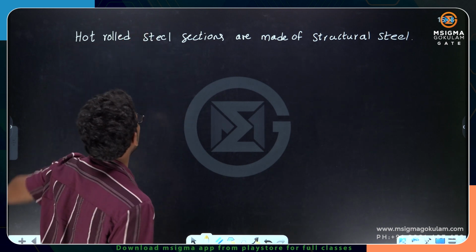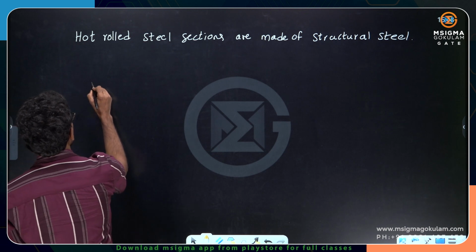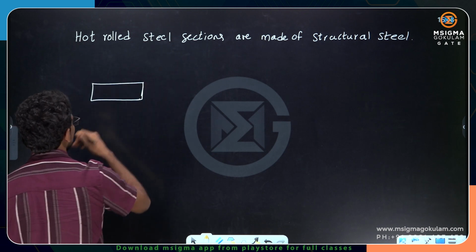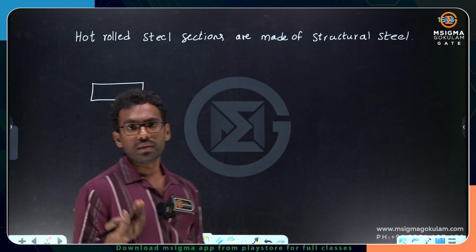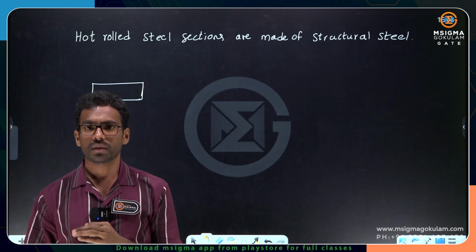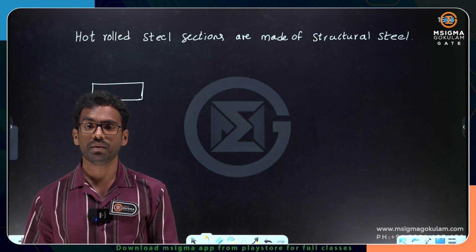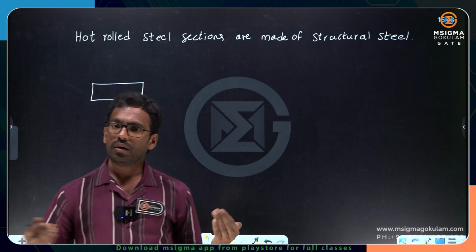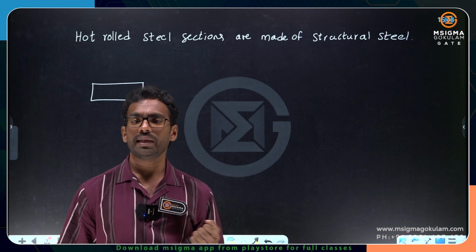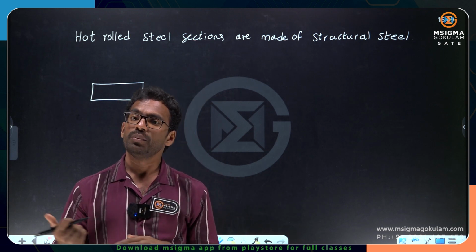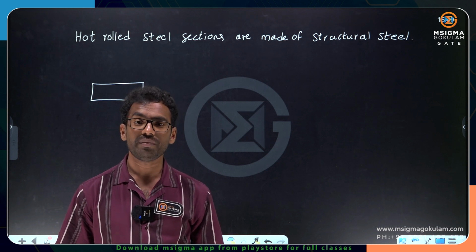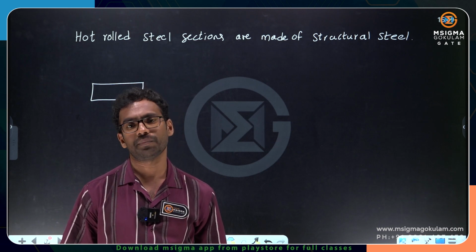What is meant by a hot rolled steel section? Very simple. The steel is subjected to tremendous heat. In the steel plants, where the steel manufacturing process happens, we take all the ingredients of iron, carbon, manganese, sulfur, phosphorus, etc. We heat them at a very high temperature of 750 degrees Celsius and even more than that.